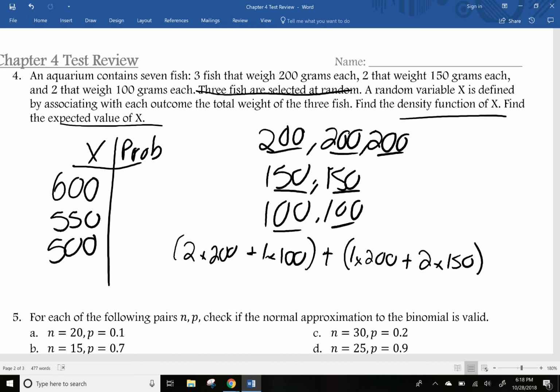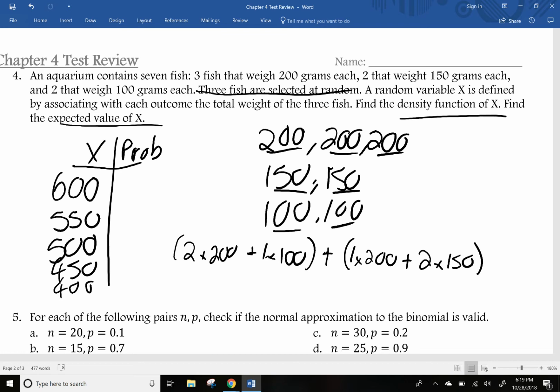I could choose a 200 with a 100 and a 150. I could choose basically one of each, which would weigh 450. I could choose a 200 with both these 100s, which would make 400 total weight.